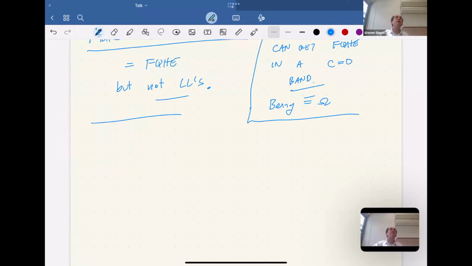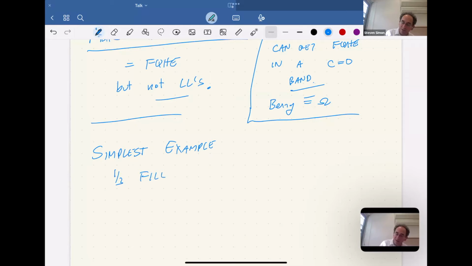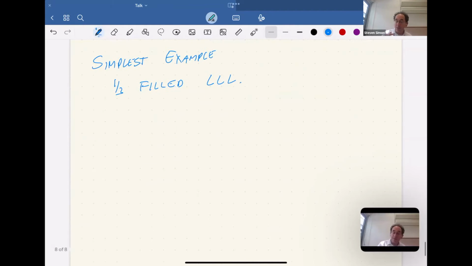But the simplest example is say a 1/3 filled, lowest Landau level. So it's electrons in a magnetic field, and we fill up the lowest band 1/3 of the way.